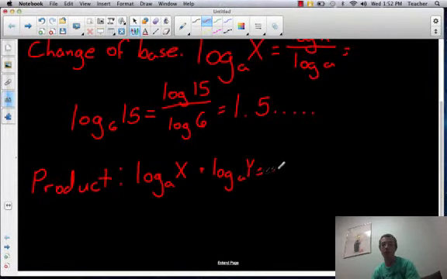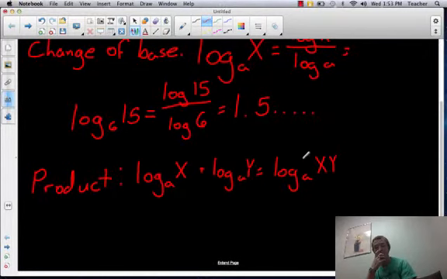That's important for this, otherwise it won't work. You can simply do log base a of xy. So now, instead of having this big old log problem, you just have one simple log that you can deal with in your own equation.